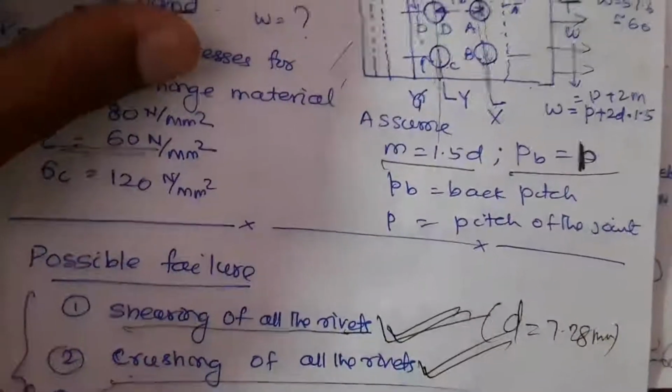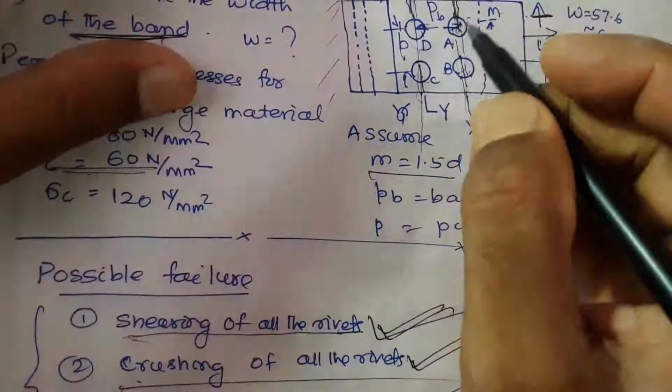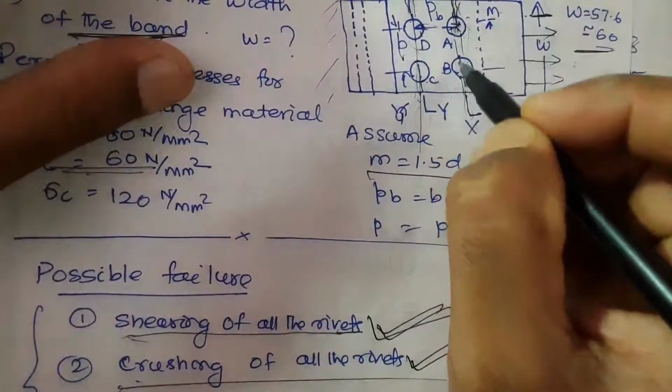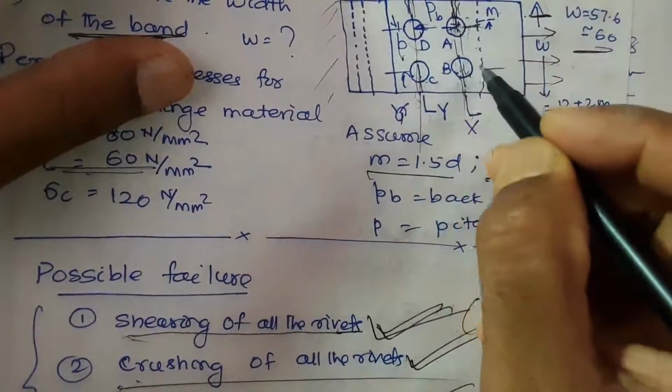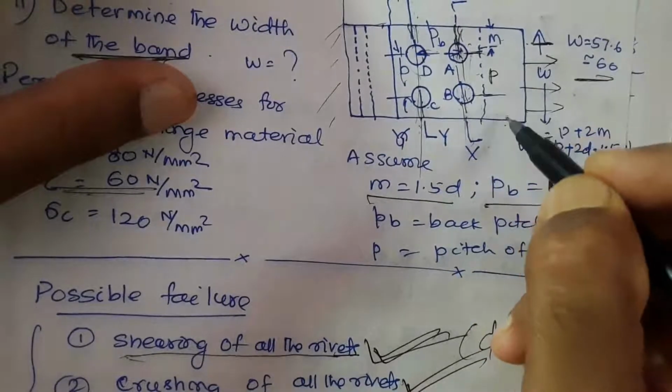If you take the width as 60, the width is equal to margin plus pitch plus margin. This is the pitch, from the center of one rivet to the other rivet. This side is a margin, and this side is another margin.